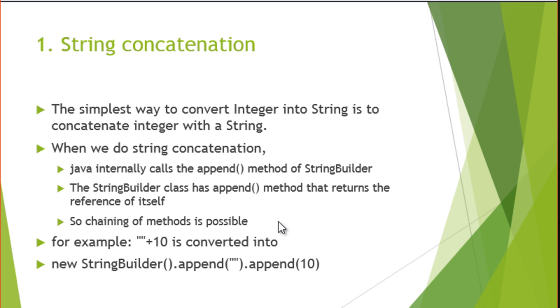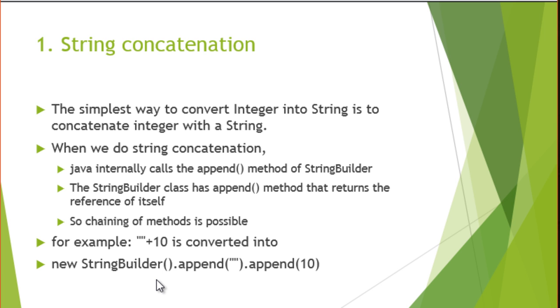For example, I have written here a string with a value 10 as concatenation form, and we can see here that it is converted into this form: new StringBuilder, to call the constructor of StringBuilder class, and then append the first value, and then append the next value on this part, which actually returns itself of a StringBuilder type.